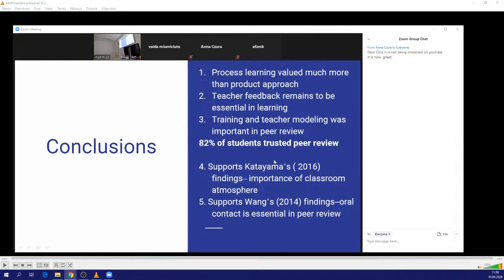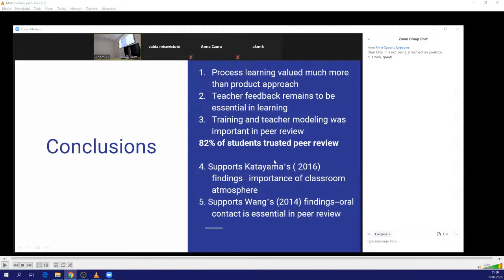So again, I think one of the interesting things was that it really supported Katayama's findings, where it talked about classroom atmosphere. And I can draw this conclusion based on the two different ways of teaching, where I was in the classroom and we had a lot of interaction and we knew each other and we could see each other's faces, versus the COVID-19 situation where most students really did not have a camera, they did not want to connect, and sometimes even did not want to talk on their microphones.